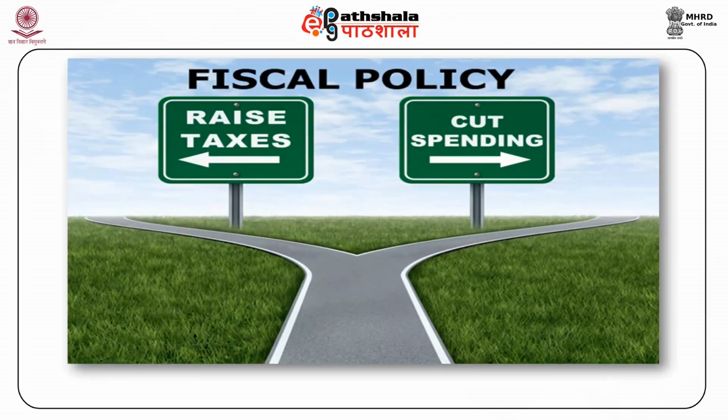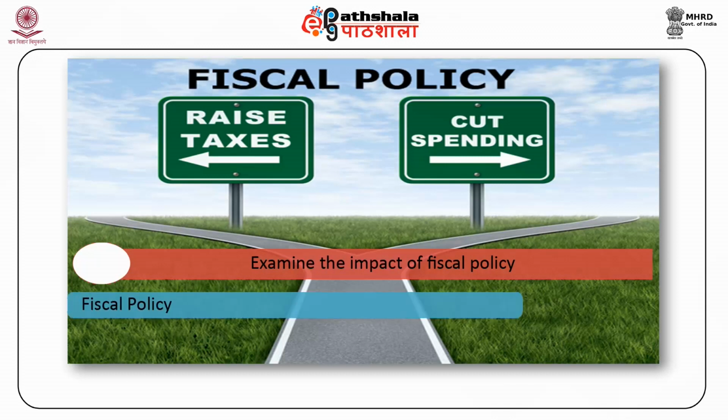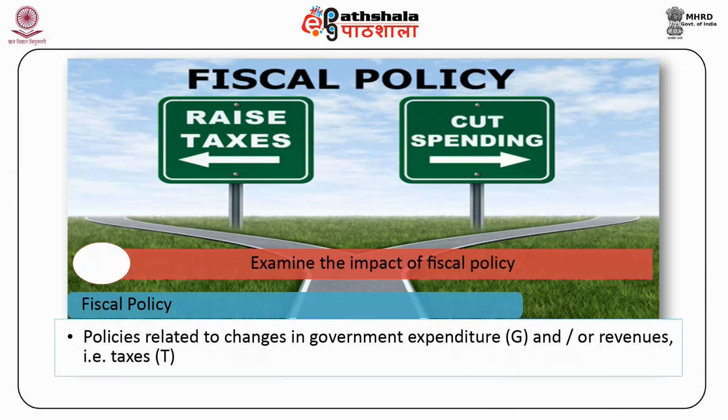Fiscal policy. In this section, we will examine the impact of fiscal policy. Fiscal policy refers to policies related to changes in government expenditure G and/or revenues, that is, taxes T.